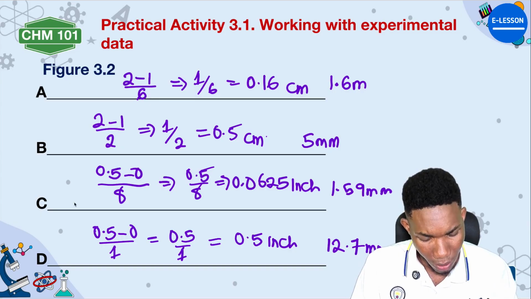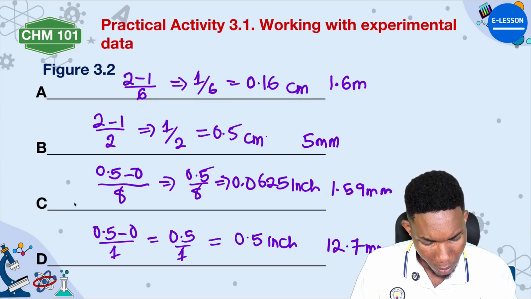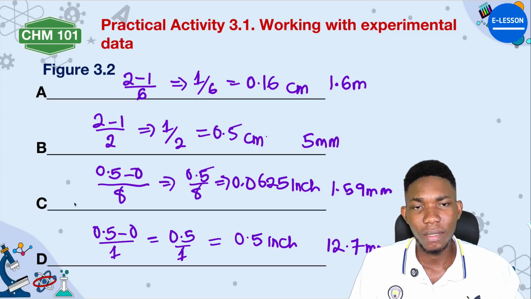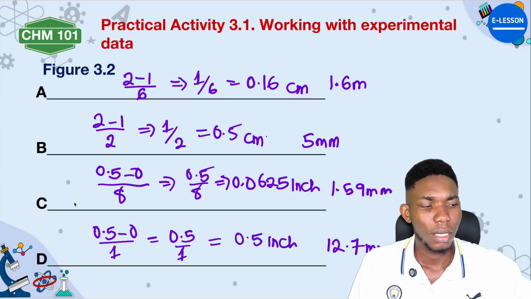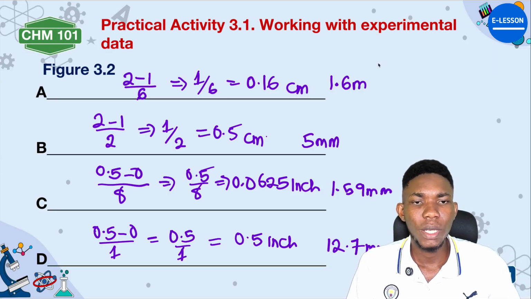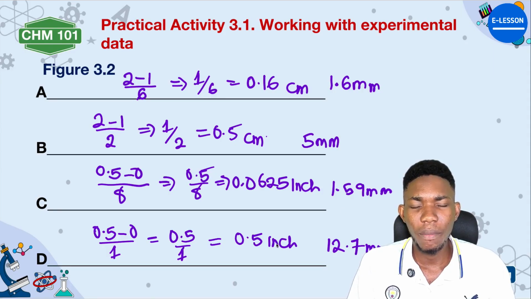Because if you look at it very well, it's looking like 10, but it is not. If you count, this is 1, 2, 3, 4, 5, 6. For this one, 1, 2, 3, 4, 5, 6. Each of them is 6. Is that okay? So this is like 1.6 millimeter. This is 1.59 millimeter.